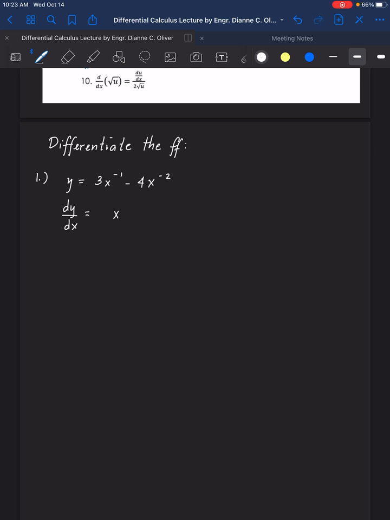x, then bring down the exponent, negative 1, then we have there the constant. Or you can also have here, copy the base as 3x, then you have there the constant 3, then negative 1 for the exponent, then we have negative 1 minus 1.